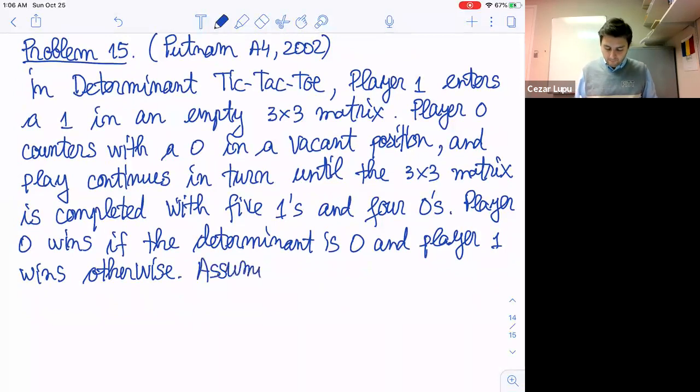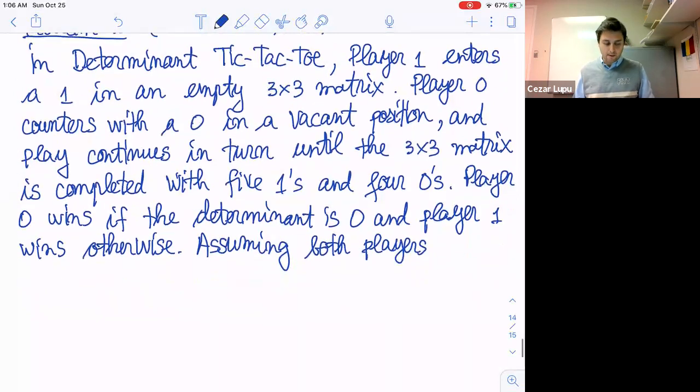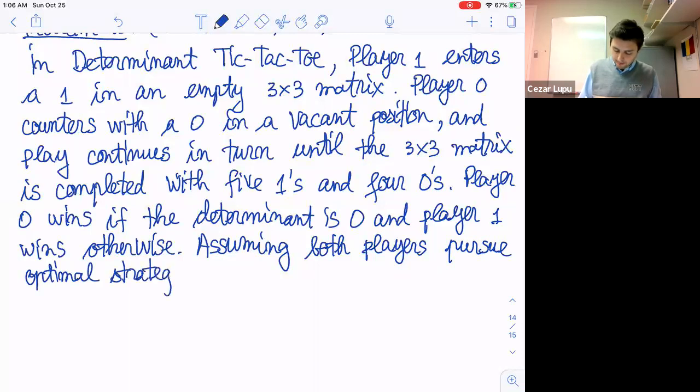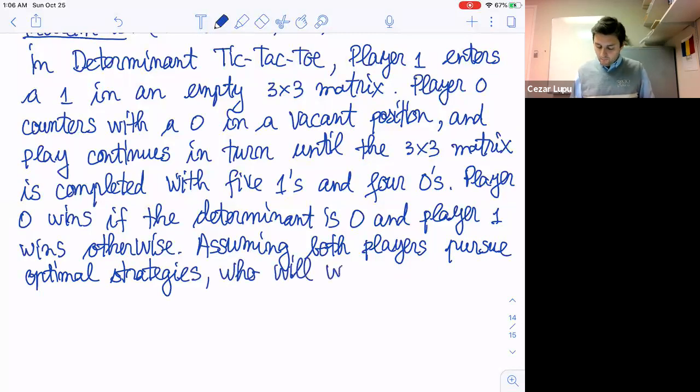Assuming both players pursue optimal strategies, who will win and how? Okay.